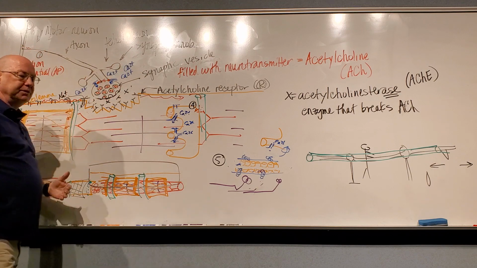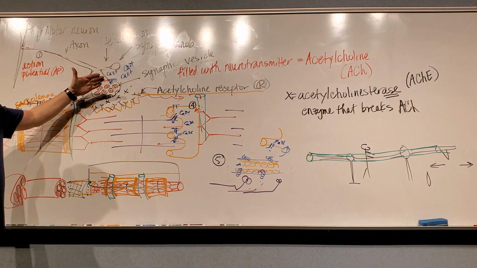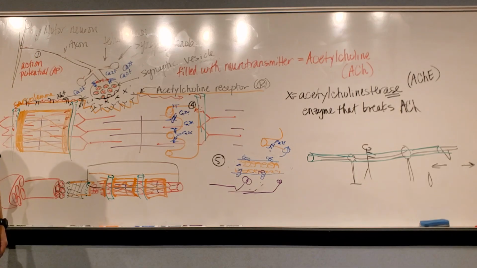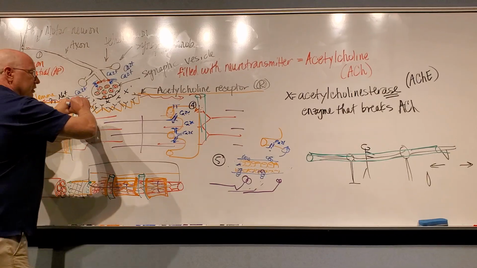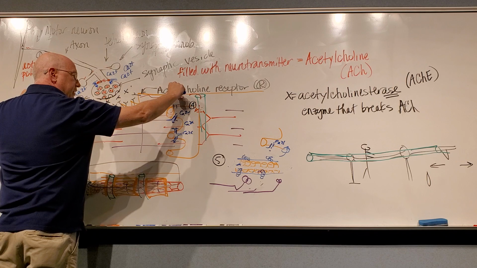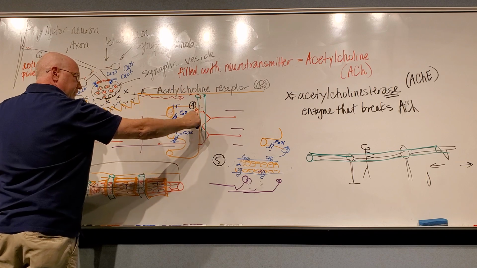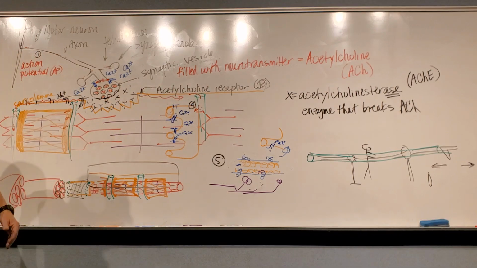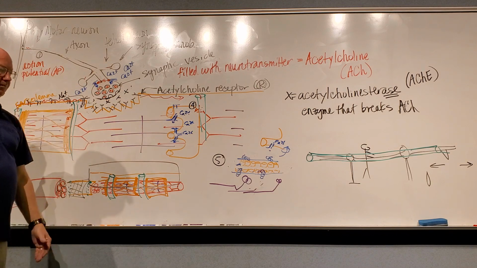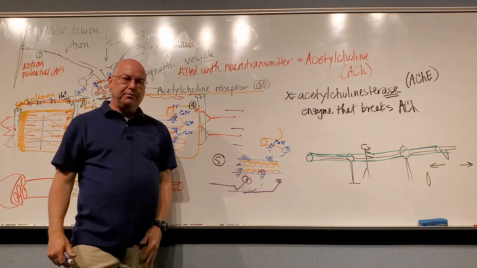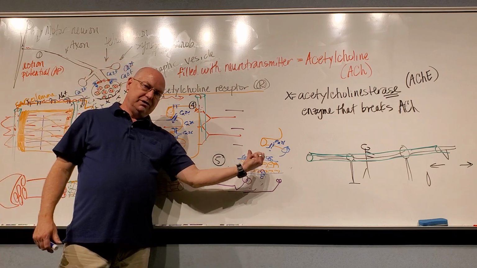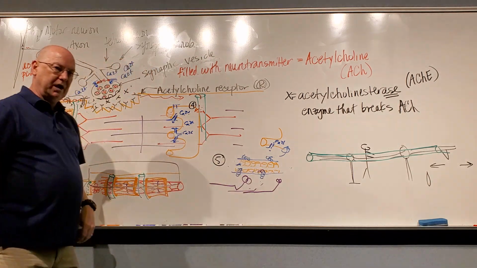Calcium enters the synaptic knob and causes the synaptic vesicles to release the neurotransmitter acetylcholine into the cleft. Acetylcholine binds to the acetylcholine receptors, causing an action potential to spread all the way down the sarcolemma, down the T-tubules, and shocks the sarcoplasmic reticulum into releasing calcium. Calcium binds to troponin. Troponin changes shape and pulls tropomyosin off the active site. The myosin heads grab and pull and the muscle contracts.